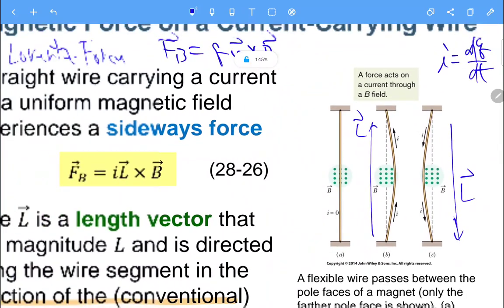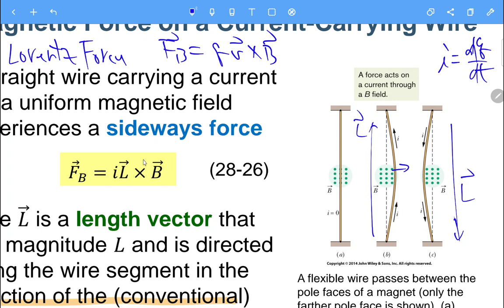Okay. So of course we have L cross B. L cross B is like L pointing upward, B pointing out of the page, so it is pointing to the right side. And of course, here we assume that the current is positive because L already follows the direction of the I. So L cross B points to the right side, which means the force F_B points to the right side.